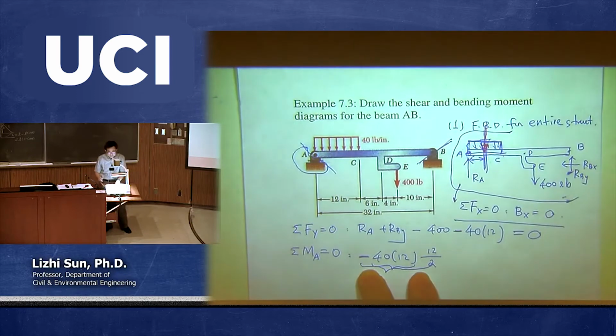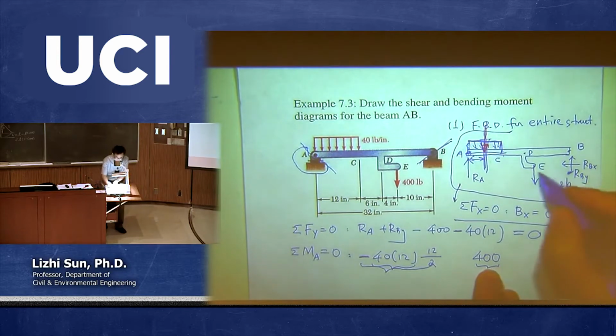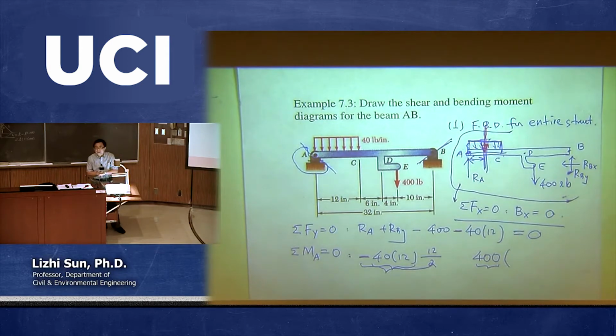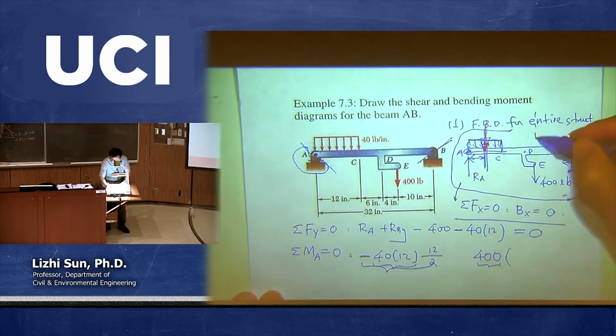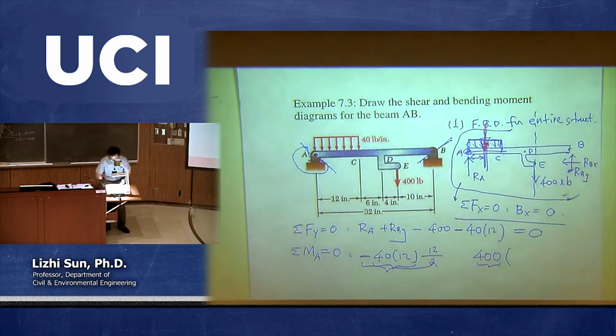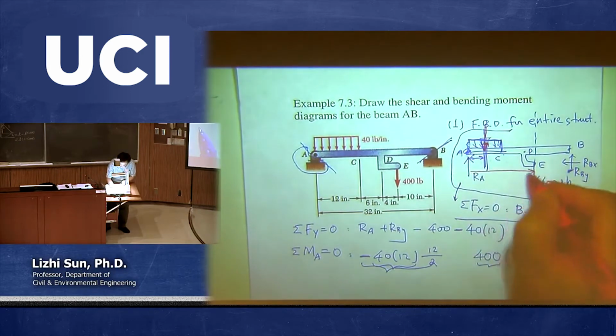Now we have a force acting on point E, and the magnitude is 400. So this is the magnitude of this 400 force acting on point E. Now we need to multiply with the shorter distance. That's called D. So what is the D? The shorter distance. From this point A, you want to calculate the moment to the force line. So this is the force line. So then the shorter distance should be this.